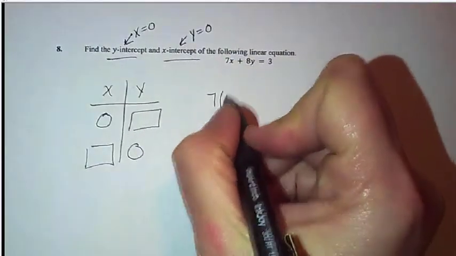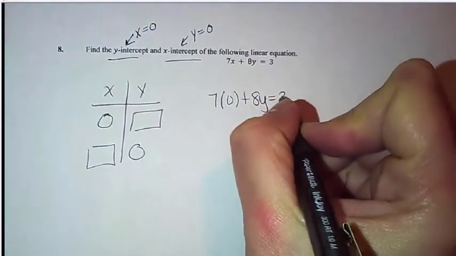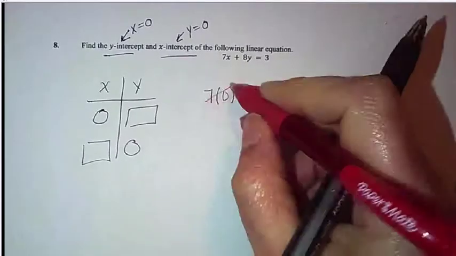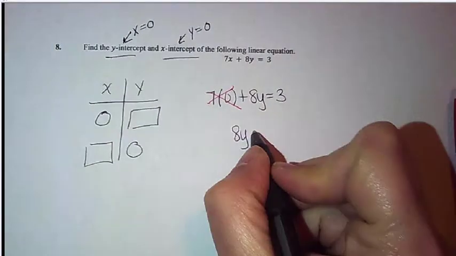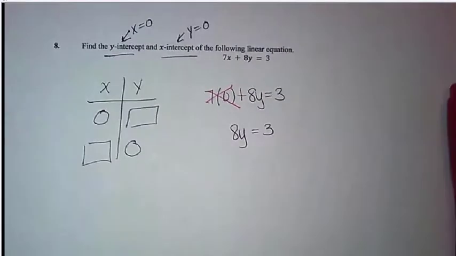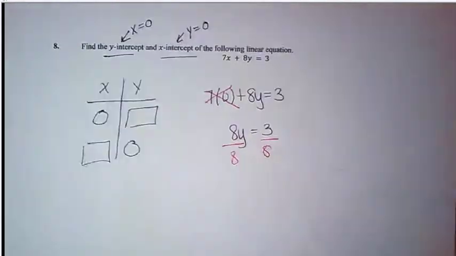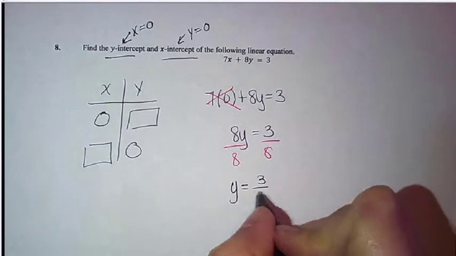So when we plug this in, we're going to do 7 times 0 plus 8y equals 3. Again, 7 times 0 is 0, so we can just cross that out, and we're left with 8y equals 3. We're going to divide both sides by 8, and we get y equals 3 over 8.